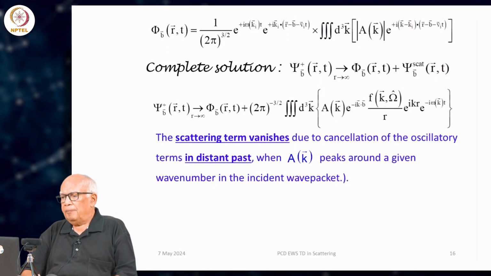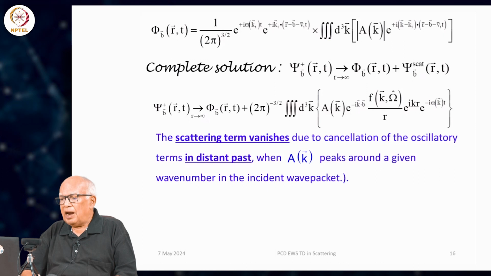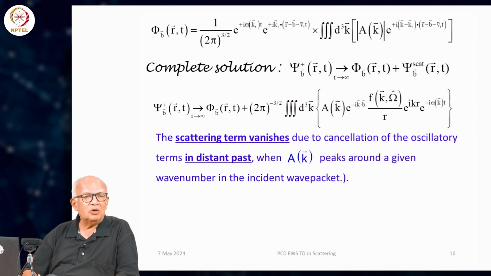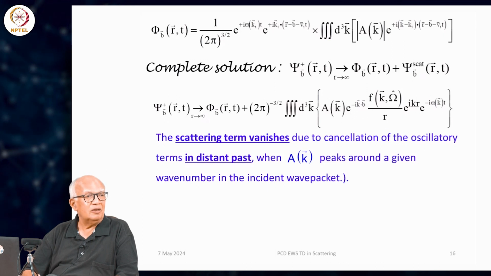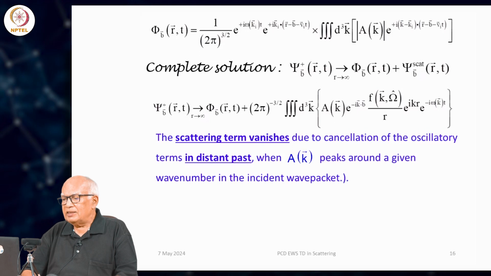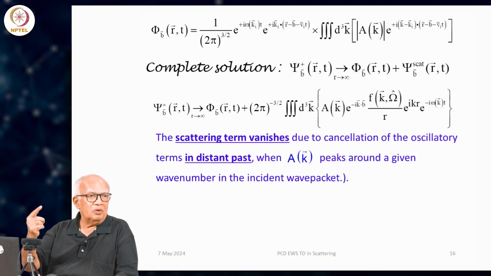And now, as one would expect, the scattering term vanishes in the distant past, because there is no scattering in the distant past when there was no interaction. That is when a(k) peaks around a specific number.